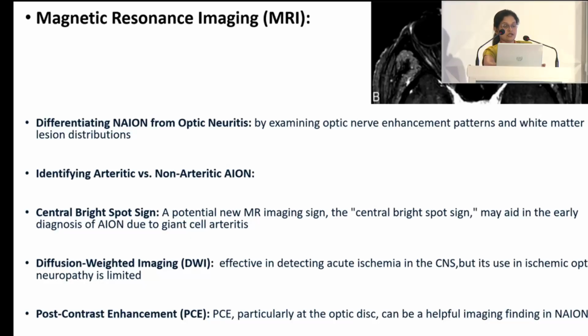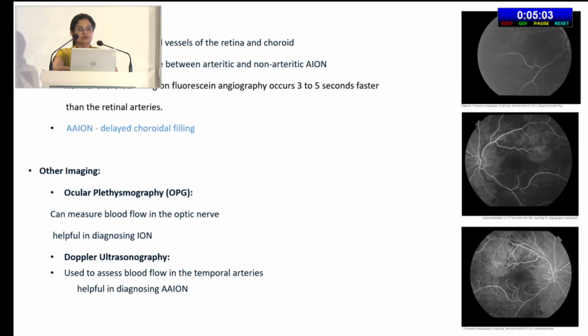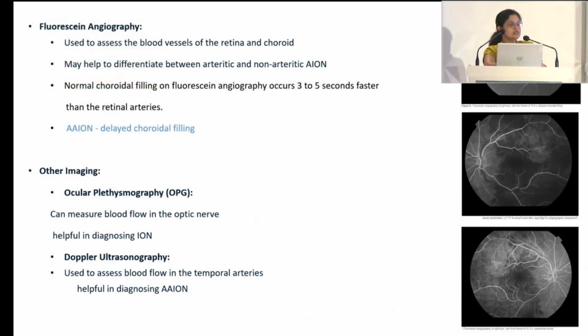There's a central bright spot sign, a potential new MRI imaging sign, that may aid in the early diagnosis of anterior ischemic optic neuropathy due to GCA, and also diffusion weighted imaging and the post-contrast enhancement. A little bit about fluorescein angiography, used to assess the blood vessels in the retina and the choroid to help differentiate between arteritic and non-arteritic anterior ischemic optic neuropathy.